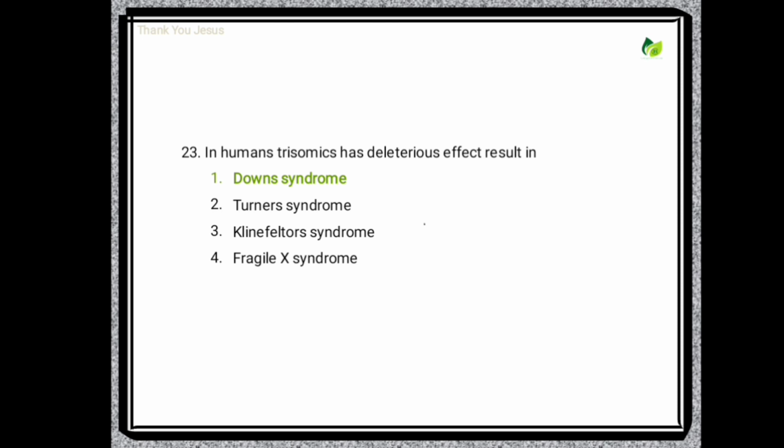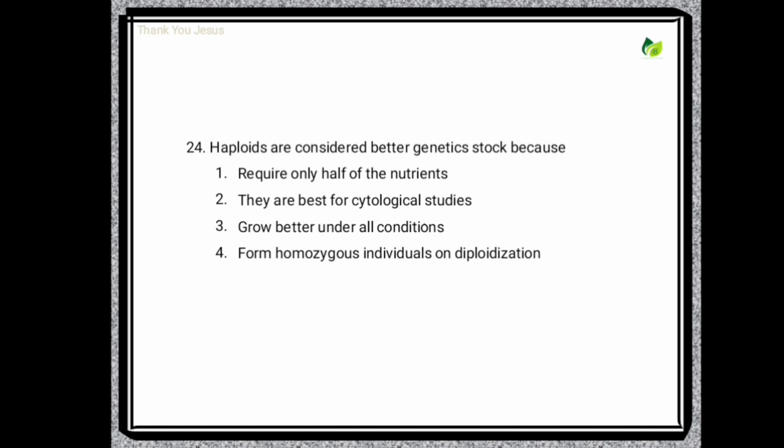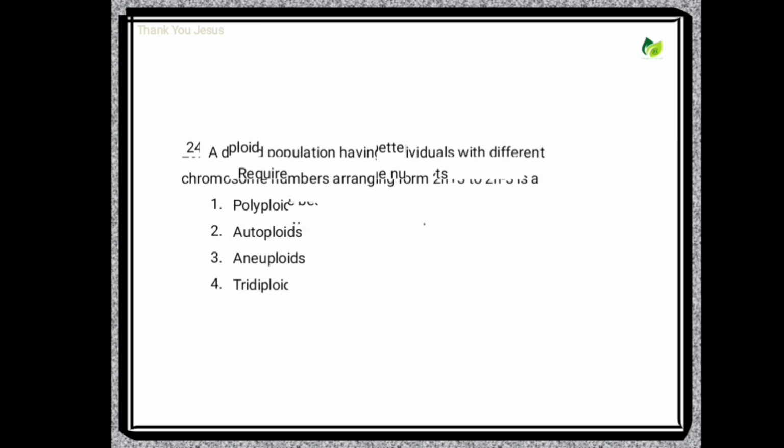Okay, next question. Haploids are considered better genetic stock because they require only half of the nutrients, they are best for cytological studies, grow better under all conditions, or form homozygous individuals on diploidization. The correct answer is they can form homozygous individuals on diploidization. Let's see the next question.